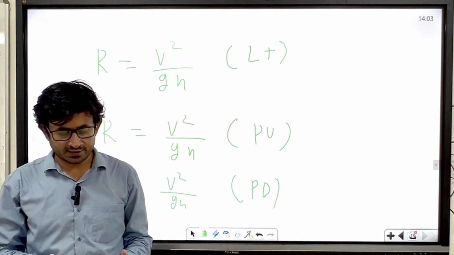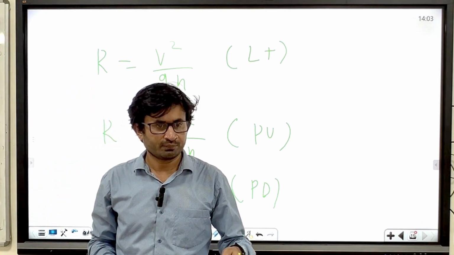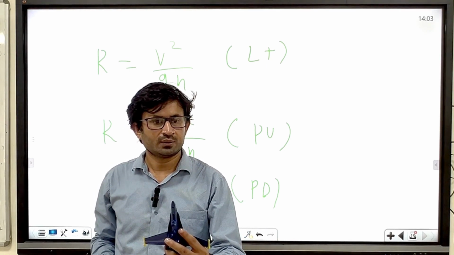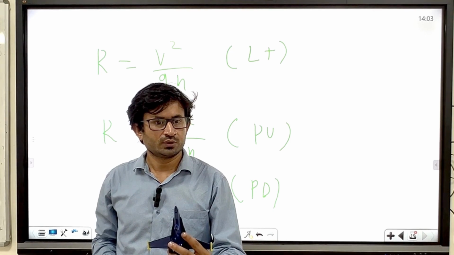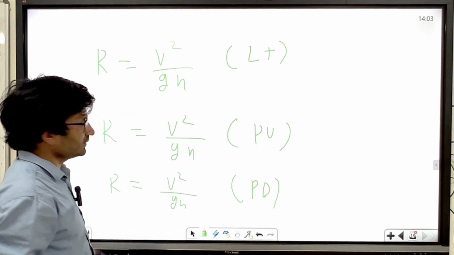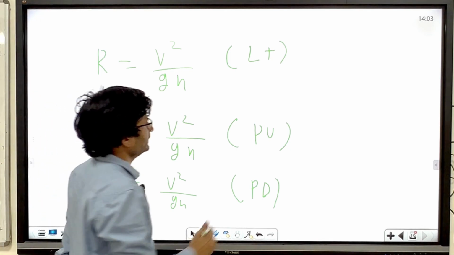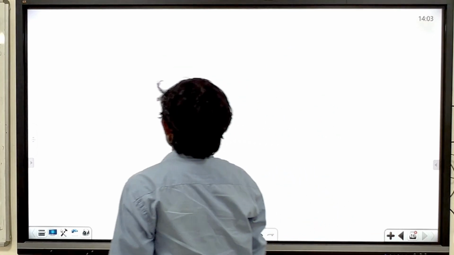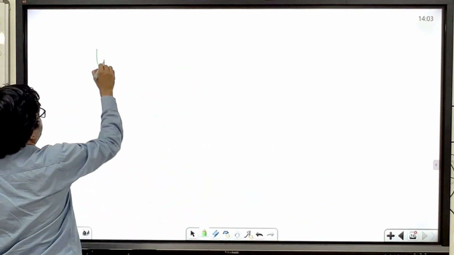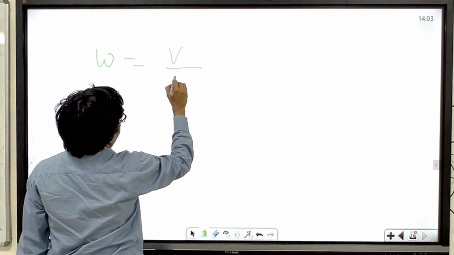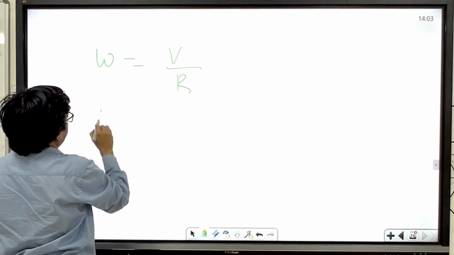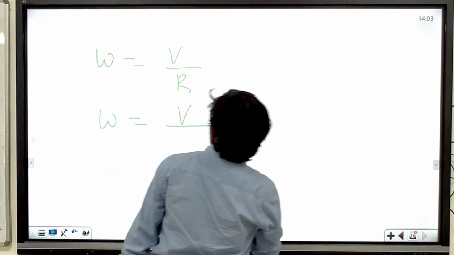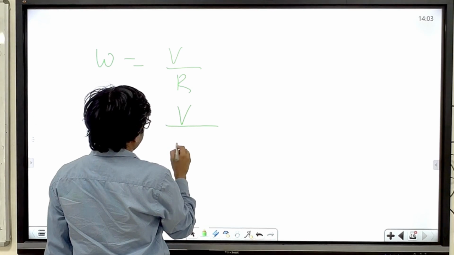So that means at a high load factor, if you are taking a turn, or either pulling up or pulling down, your radius remains the same. Okay. Now at each instant you can find out the turn rate also. Turn rate is given by V by R, and what is your R?